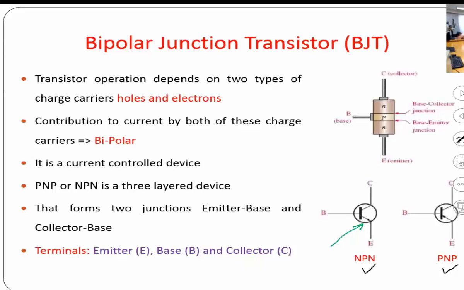There is a small arrow that is pointing outside, as if current is leaving. If you see that arrow pointing out, that is an NPN transistor. If you see the same arrow pointing in, that means it is a PNP transistor.